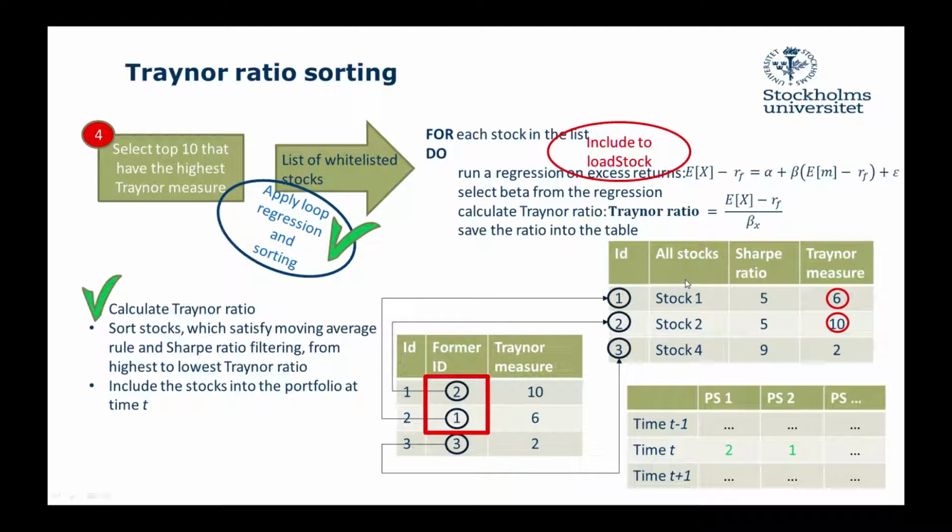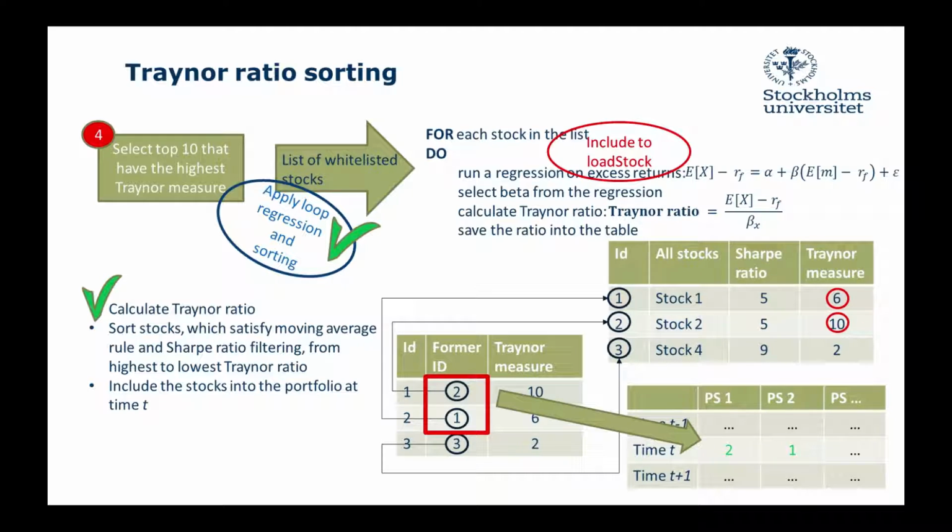So after sorting this table, we will receive two vectors. One is going to have former IDs, which can track the ID in the general matrix, and the other one is the sorted Treynor measures.